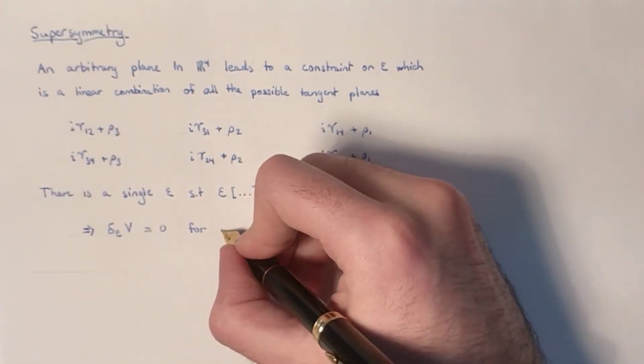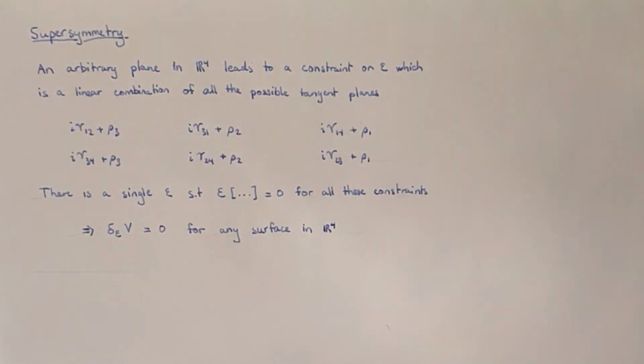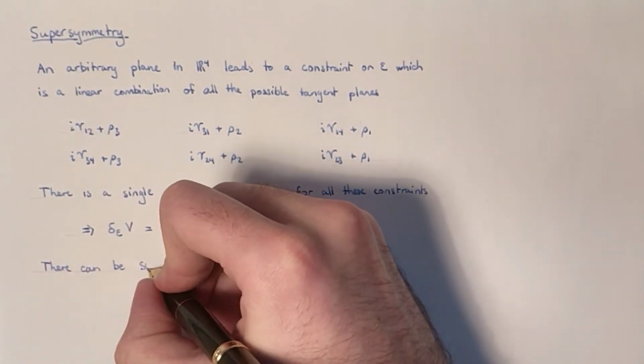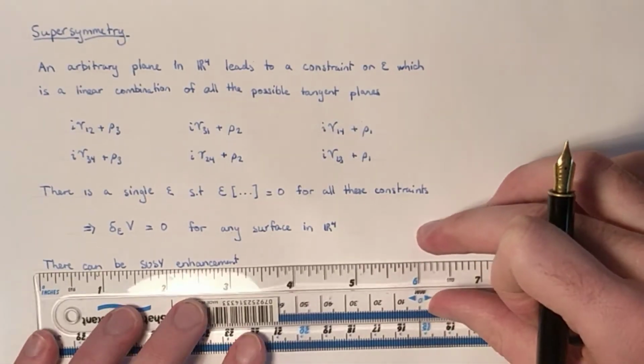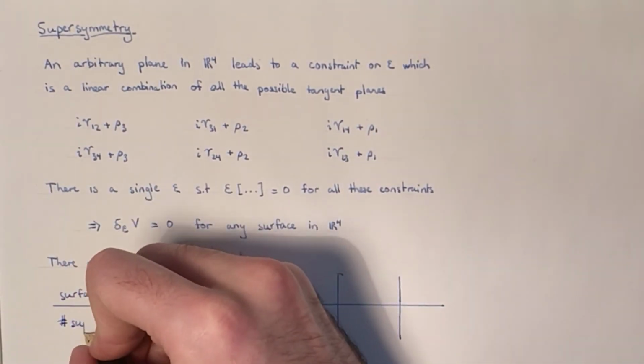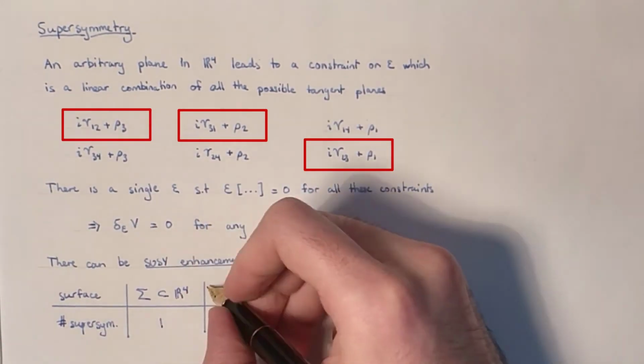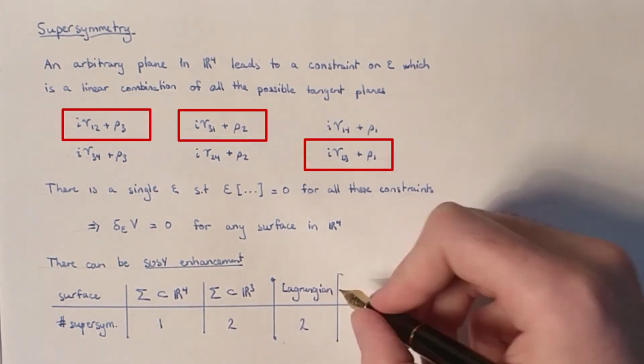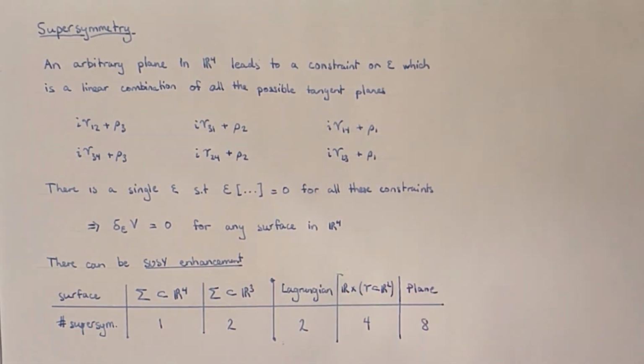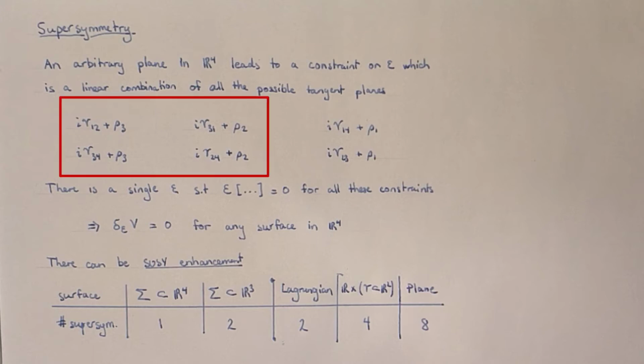If we restrict the surfaces to involve fewer tangent planes, then supersymmetry can be enhanced. One example is surfaces in R3, which involve only 3 tangent planes, but more examples are listed in this table. Lagrangian surfaces are surfaces where one component of n is 0, which means that they involve only 4 tangent planes.